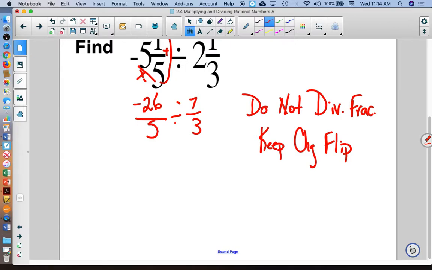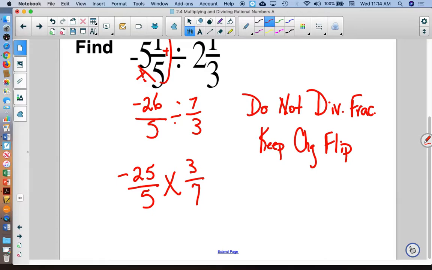Keep the first one, negative 26/5. Change division to multiplication and flip, or multiply by the reciprocal. The reciprocal of 7/3 is 3/7.